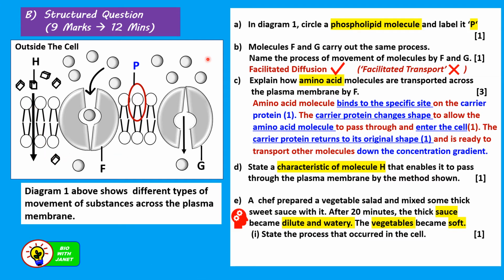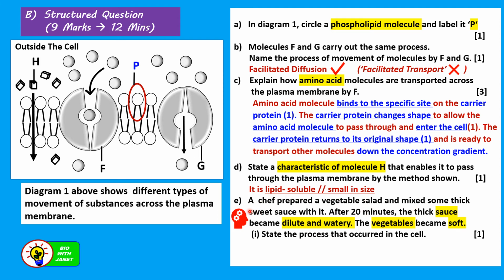Okay, so if it can go past the phospholipid bilayer like this, it may be lipid soluble, or it may be a molecule that's very small in size, like water. It's very small in size, so it can go through the pores in between the phospholipid molecules. All right. So it's lipid soluble, or you can write it is small in size, like water.